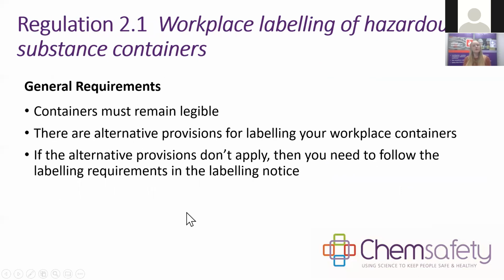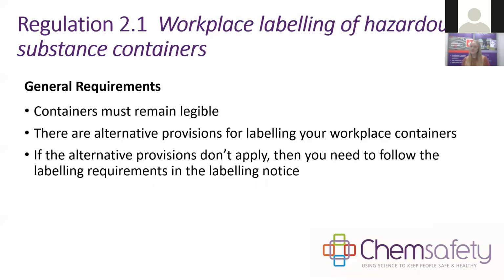So Regulation 2.1 is workplace labelling of hazardous substance containers. The regulation states the minimum requirements for a workplace label, when you need to do this, and the general labelling requirements. So in general, containers and labels must remain legible and in a durable condition.